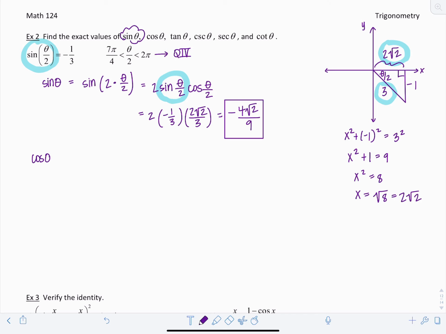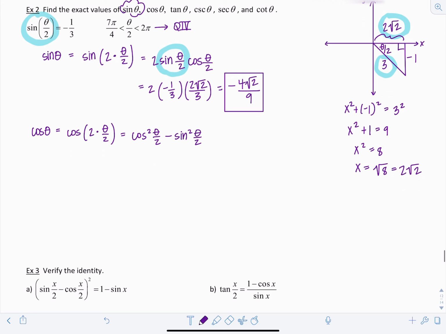So now I need cosine of theta. So cosine of theta, again, I have to use the double angle. So that's cosine of 2 times theta over 2. And you can use whichever version of the cosine double angle identity that you like. I usually just stick with cosine squared of theta over 2 minus sine squared of theta over 2. And then we already found this in the previous problem. So cosine of theta over 2, that's the adjacent over hypotenuse. So I have 2 rad 2 squared, or actually, do you remember?